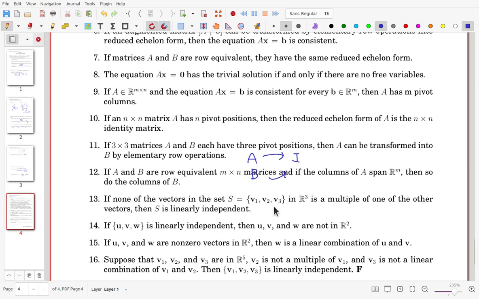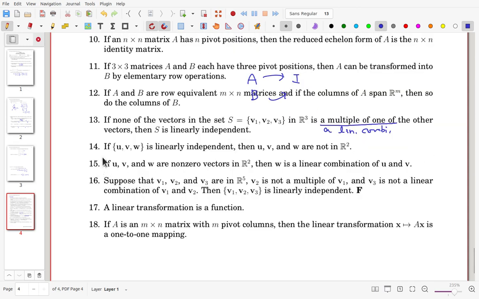To make it true, instead of a multiple of one of the other vectors, it should be a linear combination of the other vectors, then it'll be true.